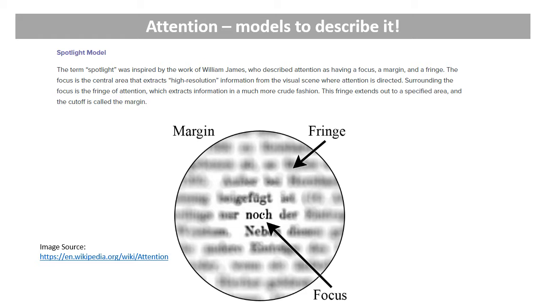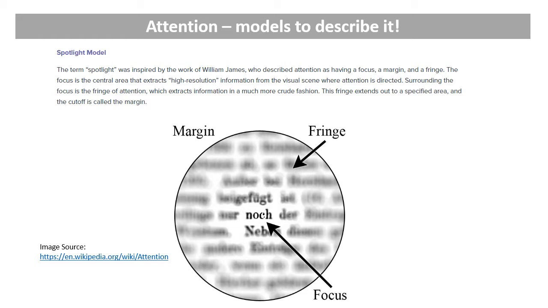Focus is basically the word on which you are reading at the present moment, or it can also be the letters of a word. And fringe is basically the adjoining words which are blurry in nature. And the margin is the boundary beyond which the objects are not in our attention.